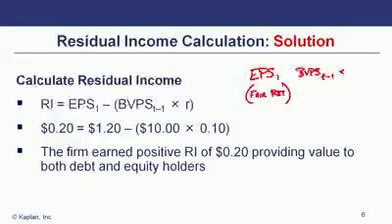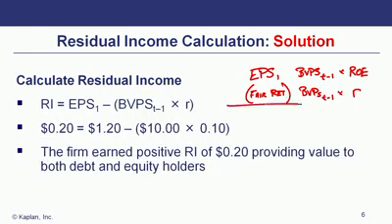How do I get from book value per share to earnings per share? I multiply by return on equity. This gets me my first number. And then the fair return is my book value per share at t minus 1, and I multiply that by my required rate of return on equity.